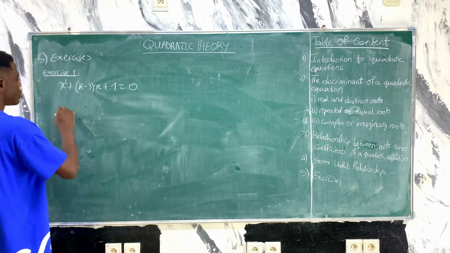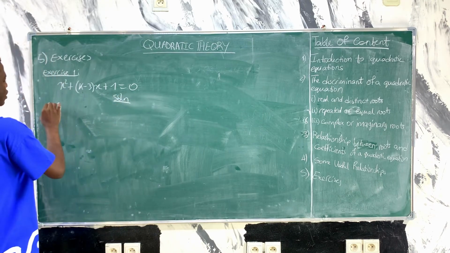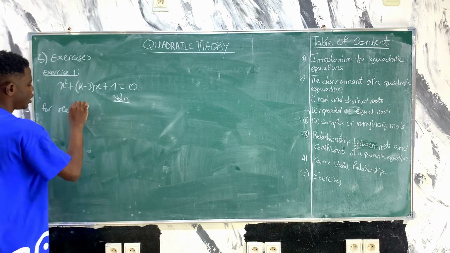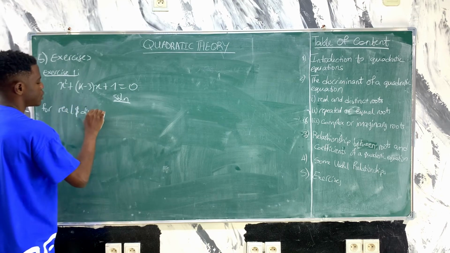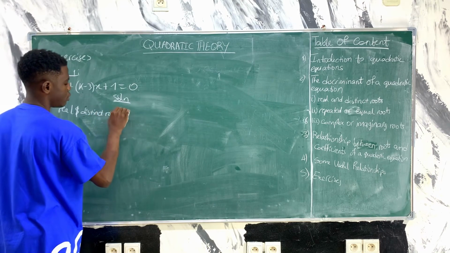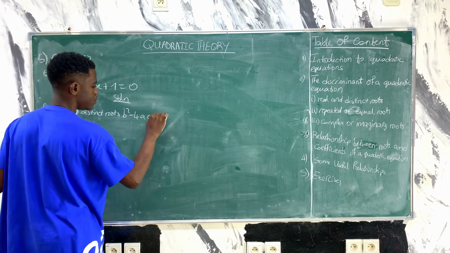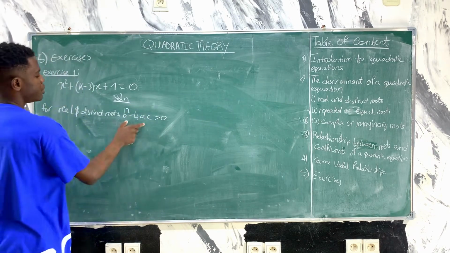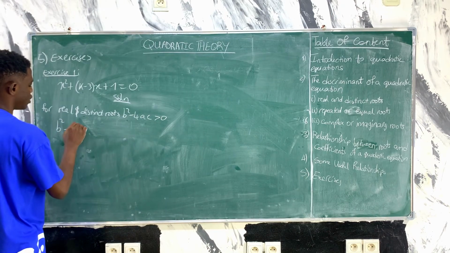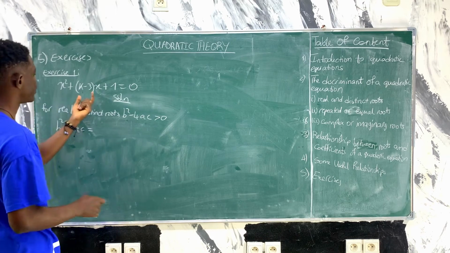For real and distinct roots, b squared minus 4ac is greater than 0. Which implies, if you solve b squared minus 4ac, what is b? b is the coefficient of x.